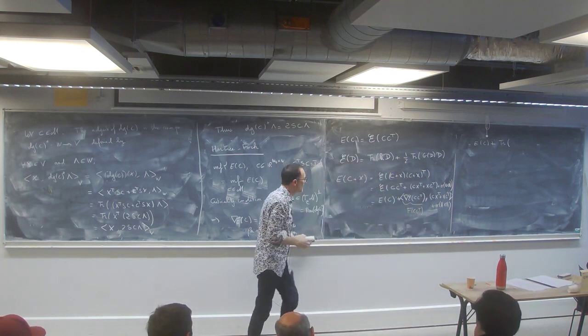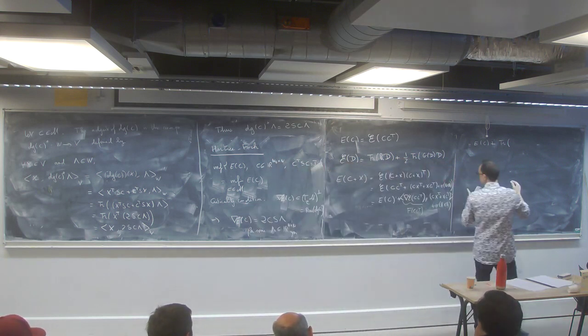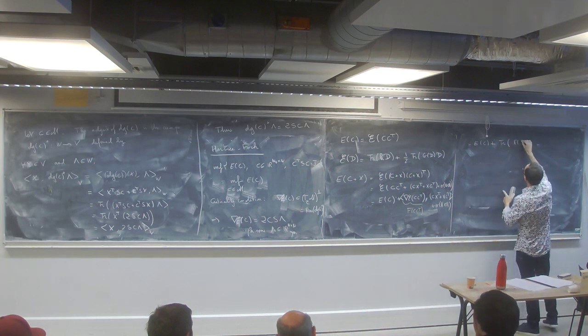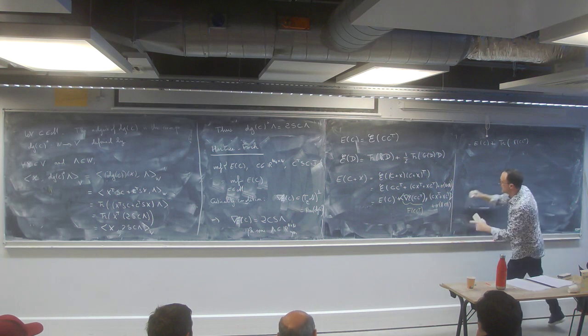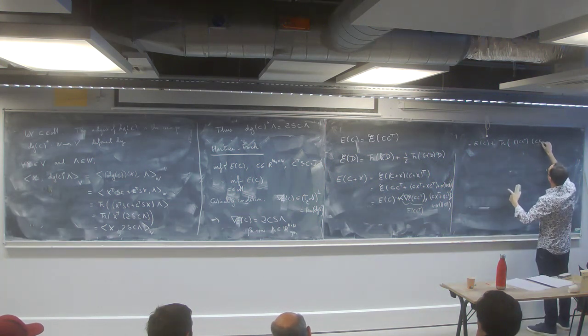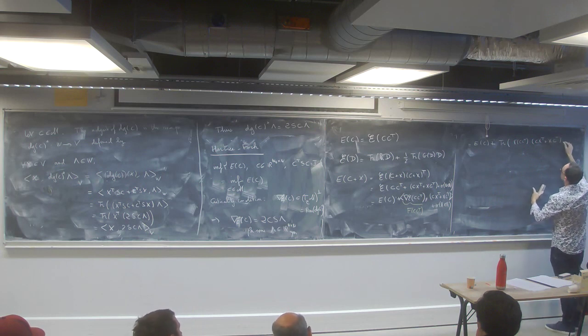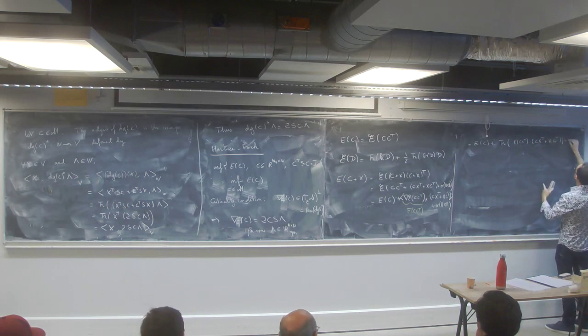So what's that? It's F of CC transpose. We are dealing with symmetric matrices, so it's just CX transpose plus X C transpose plus little o of X.